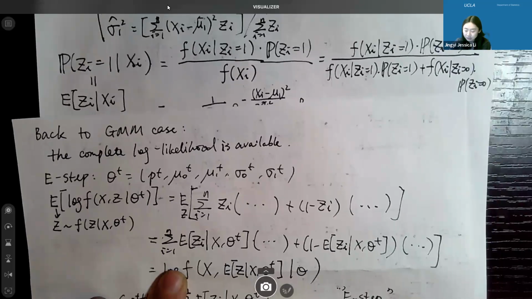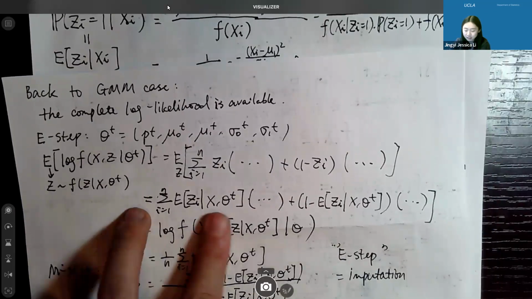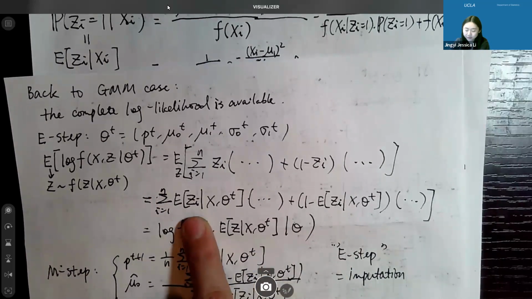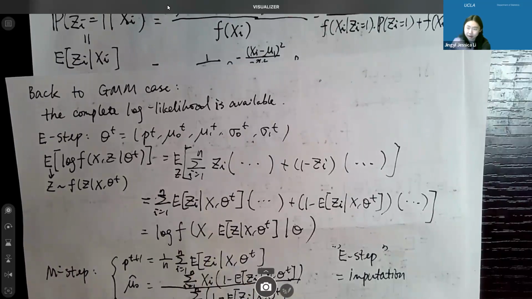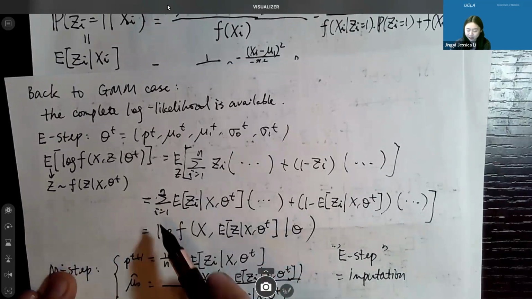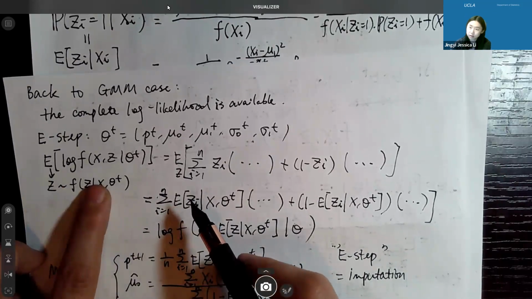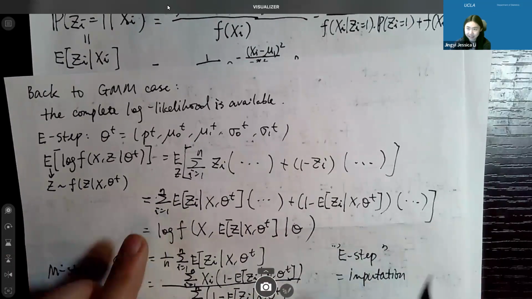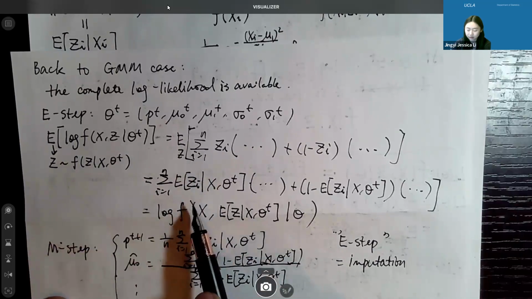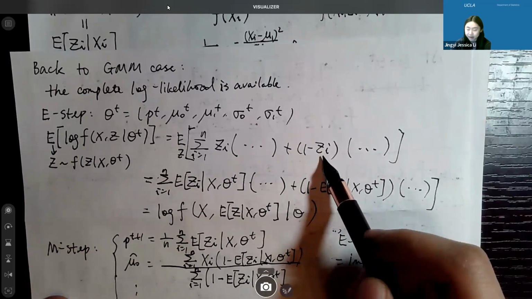So this imputation idea works for this type of log complete likelihood form, where in the sum, Zi is just a term being multiplied by something else. But if Zi is in some complicated function, then you may need more expectations in order to calculate this. So this imputation idea does not hold in general, but it holds for this Gaussian mixture model case, because the log complete likelihood just has Zi and 1 minus Zi in it.